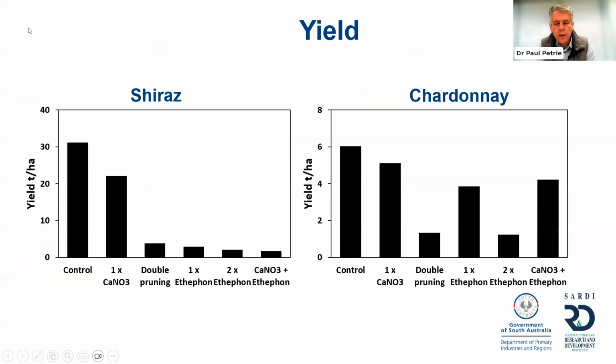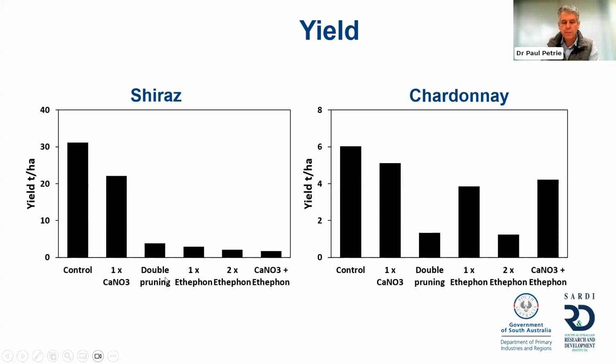Okay, so if we look at the results, this is Shiraz in a commercial vineyard, so they're targeting a relatively high yield. In this case, the control was a little bit over 30 tonnes per hectare. When we applied the calcium nitrate, we had a significant reduction, but it wasn't a large reduction, so down to a little bit more than 20 tonnes per hectare.